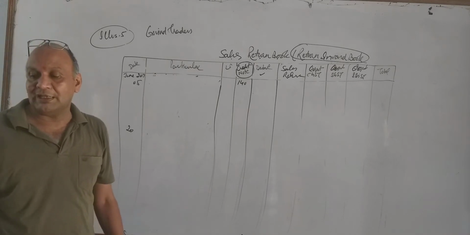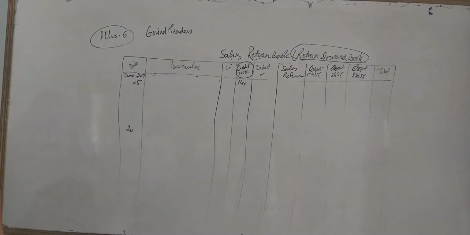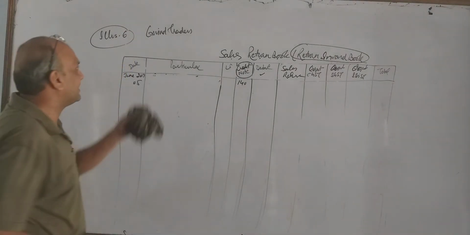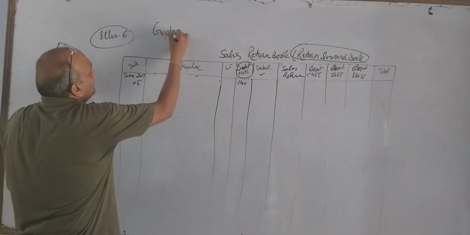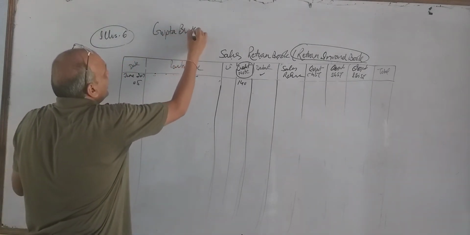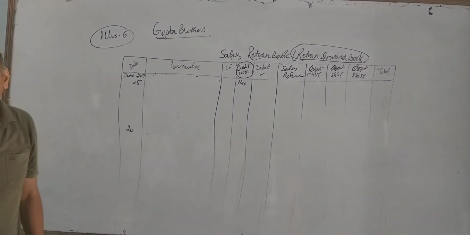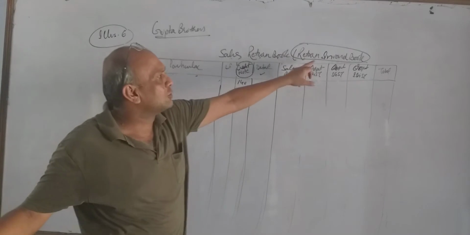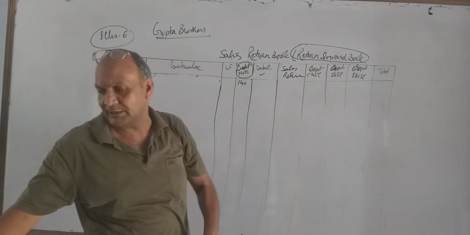Now I am taking illustration 6. The name of the party is Gupta Brothers, Jaipur. Sales return is also known as return inward. When goods come into the business, it is return inward.